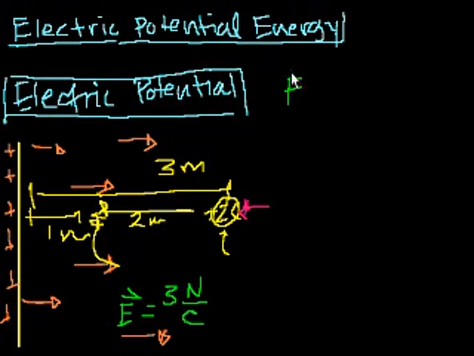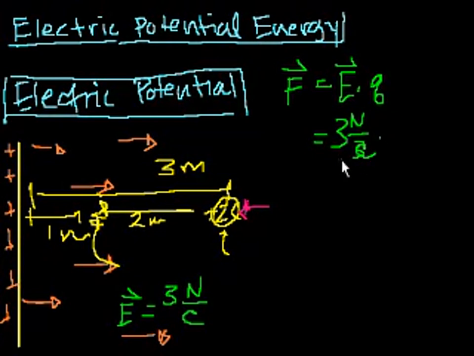Well, the electrostatic force on this particle is equal to the electric field times the charge, which is equal to 3 newtons per coulomb times 2 coulombs, which equals 6 newtons.